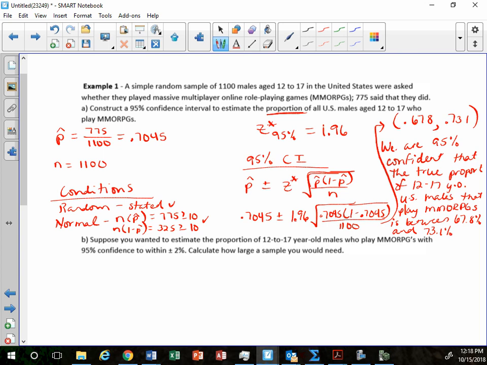Is there any part of that you guys can't read? I know I sort of smooshed it in the corner. So every time we are, whatever confidence level you're talking about, confident that the true proportion, mean, whatever we're dealing with, in context of your problem, is between whatever percentage and whatever percentage you found. Okay?